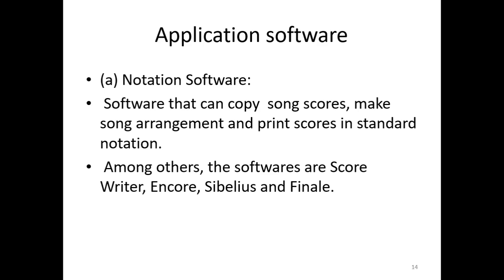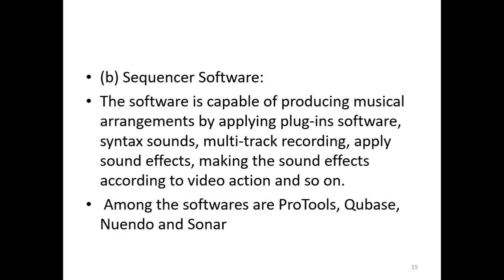It helps us to copy song scores, that means the notes, make arrangements, change the different beats, add or delete or do anything, and then also print the music notes in standard notation. The softwares that can be used are Score Writer, Encore, Sibelius, and Finale. So these are the notation softwares.